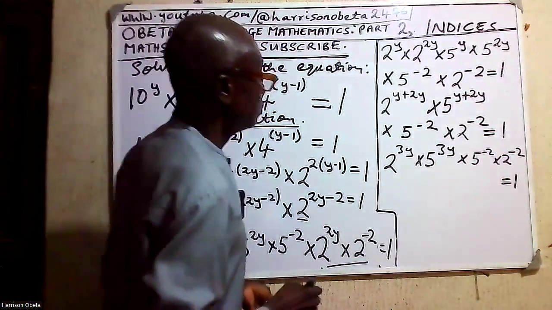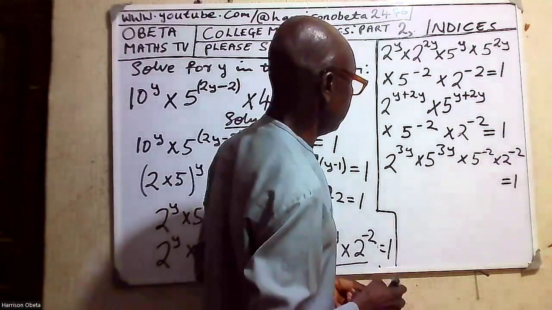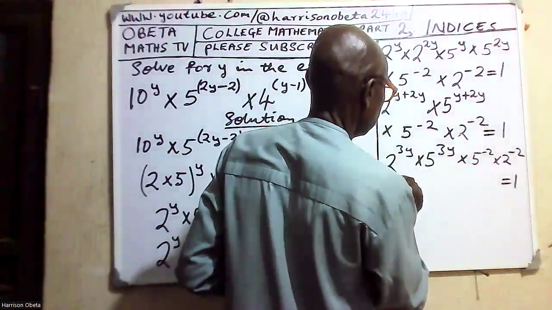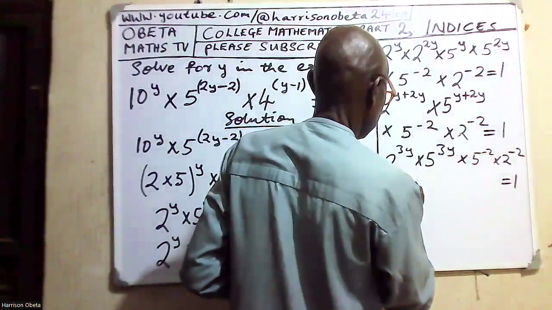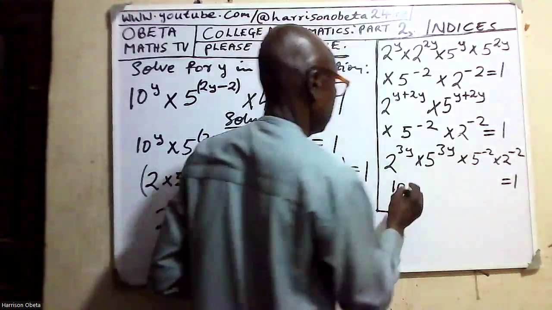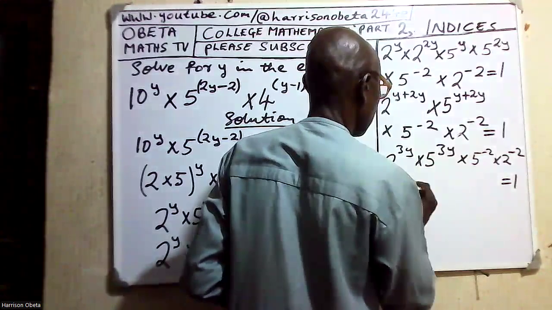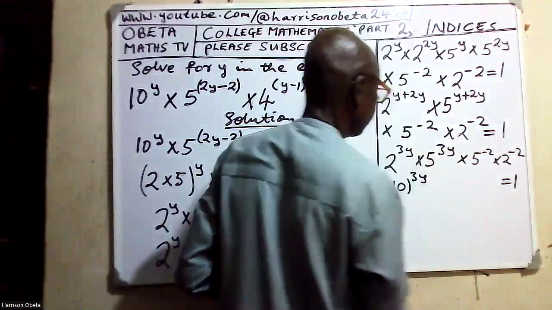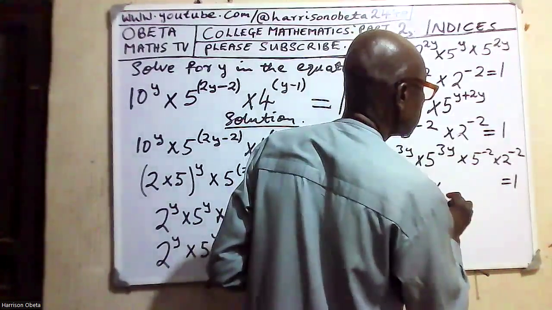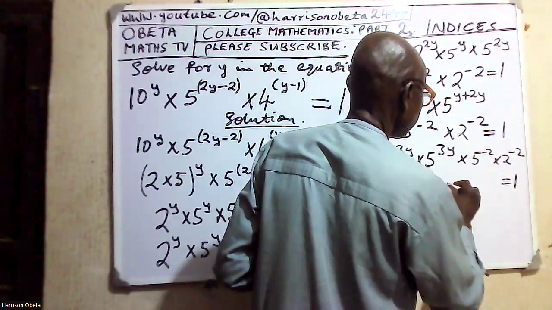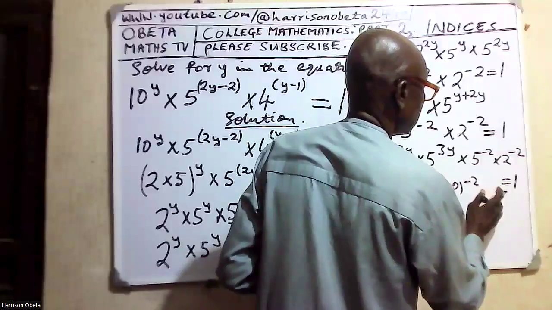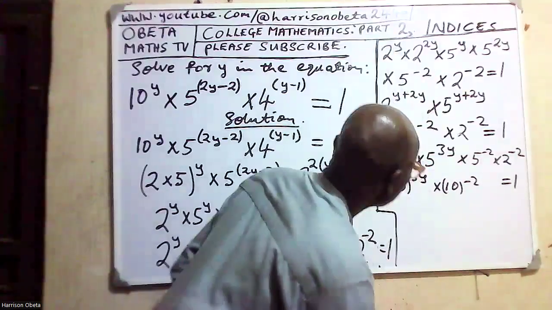Okay, so moving on, this can be written as 10, 2 times 5 is 10, 10 raised power 3y multiplied by 10 raised power minus 2, that is this 2. Let me correct something.